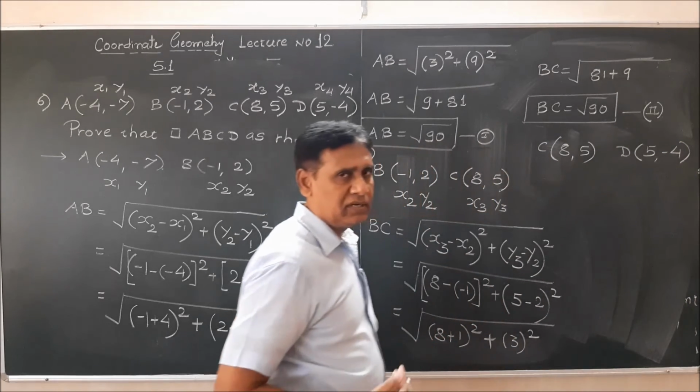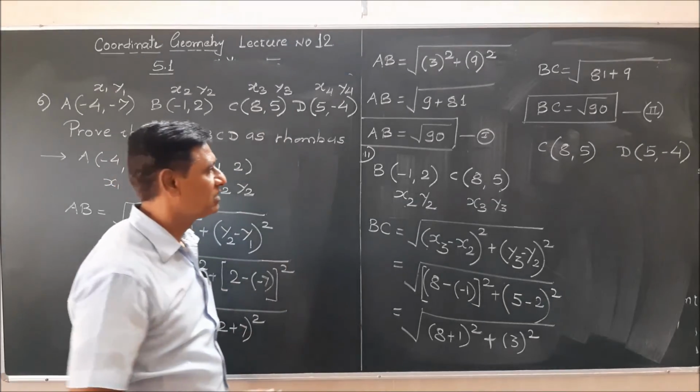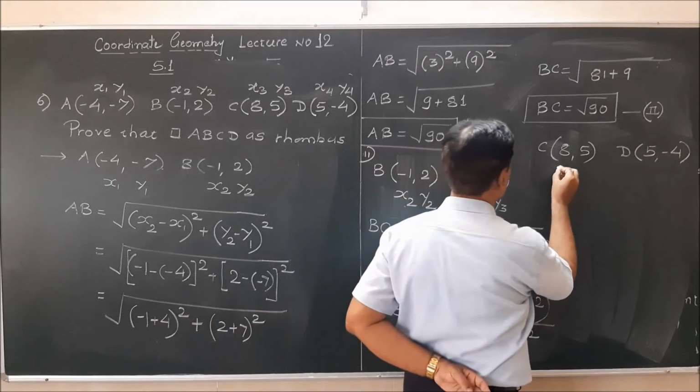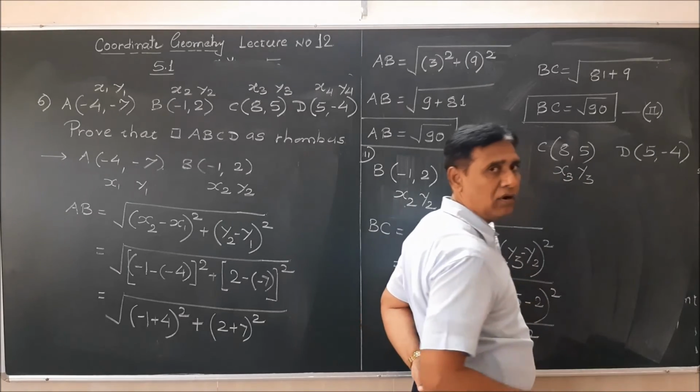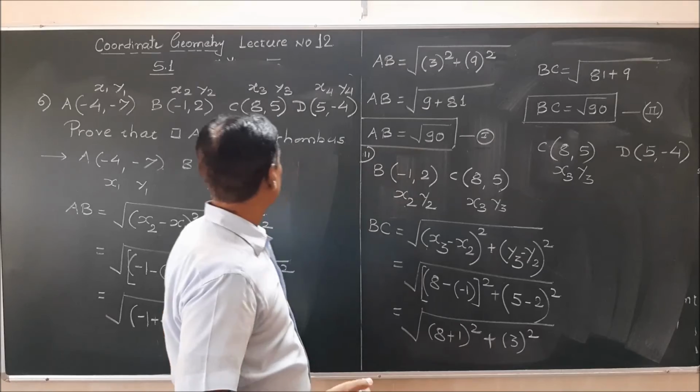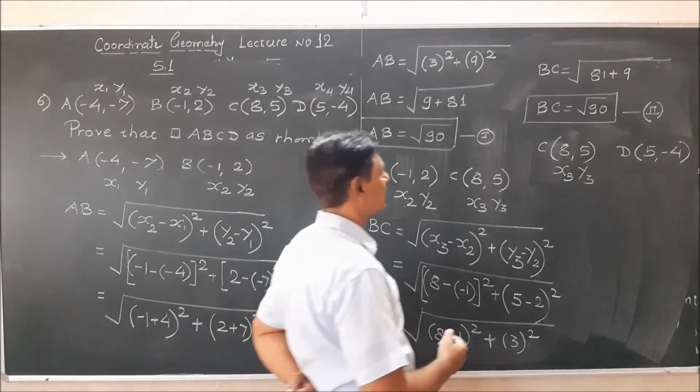I have already labeled C as x3, y3, so here x3, y3, and the coordinates of D, I have labeled them as x4, y4. So x4, y4.